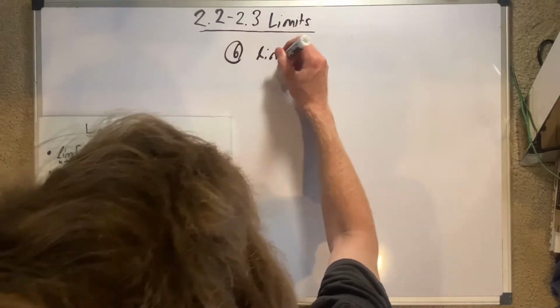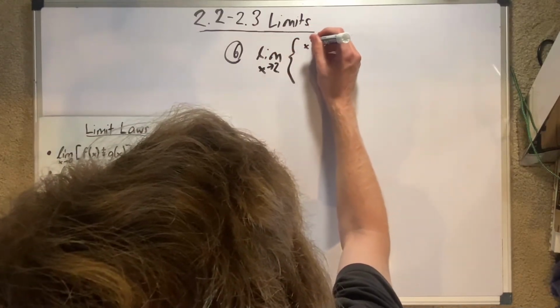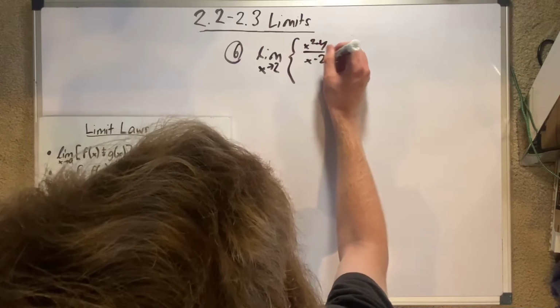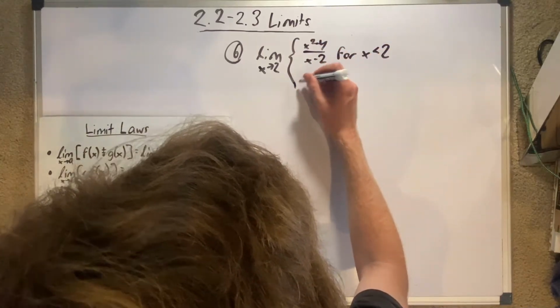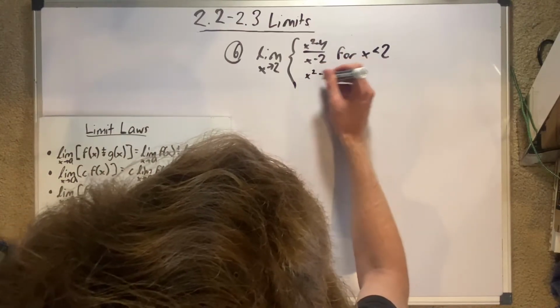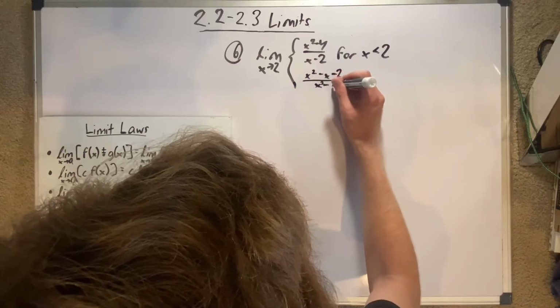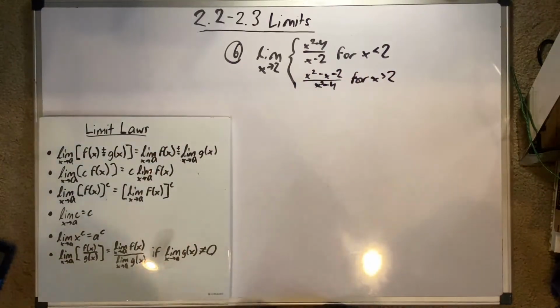Number 6. Limit as x approaches 2 of x squared minus 4 over x minus 2 for x less than 2, a piecewise function. This number minus this number for x greater than 2. There we go.